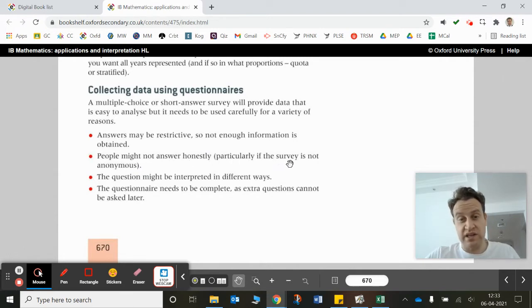If the questionnaire or survey is not anonymous, then people will be less honest. Questions may be interpreted in different ways, so they need to be extremely clear. You should not have leading questions, of course, such as, "Don't you think that you should vote Labour in the next election?" You shouldn't lead people to a conclusion. And the questionnaire needs to be complete, as extra questions cannot be asked later.